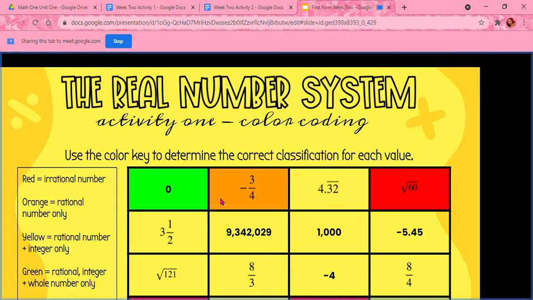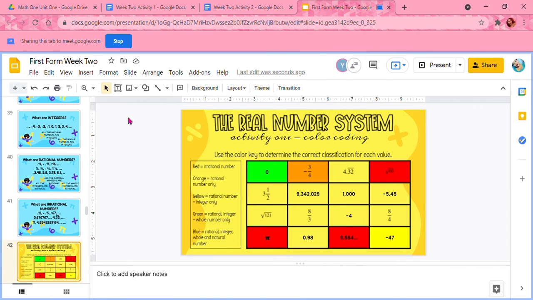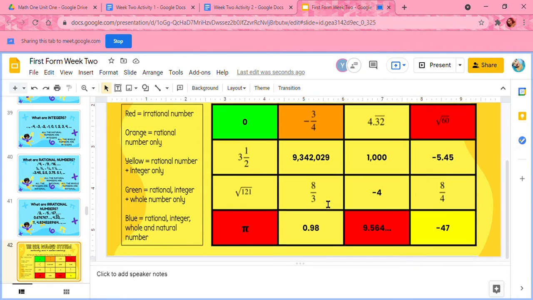Yesterday, this is what we were working with. We had reached the point where we had color-coded some of these. We put green as being a whole number, rational and integer. So that is what we had put there. 0.